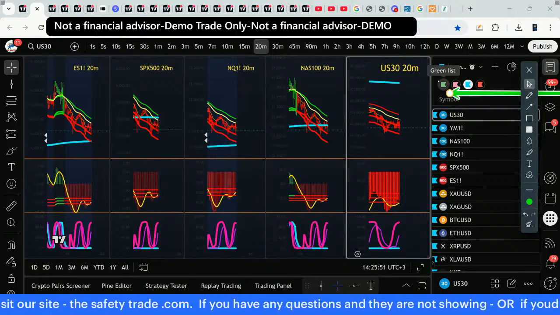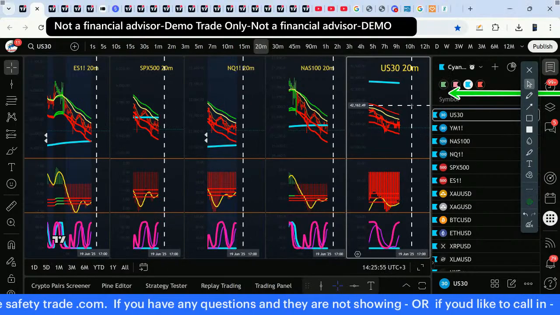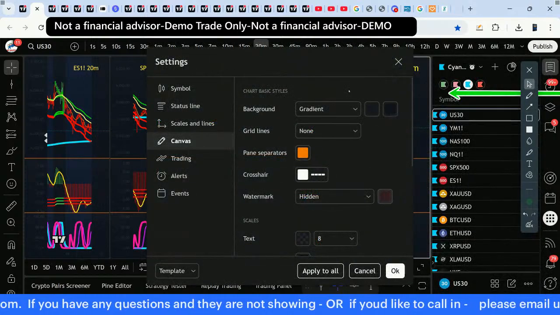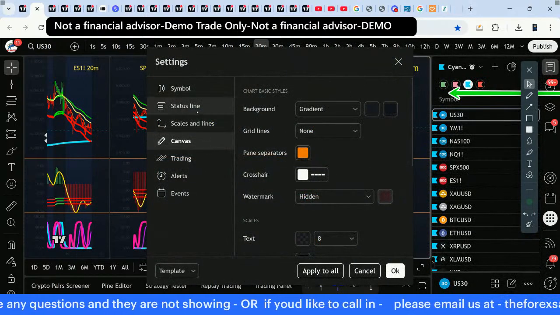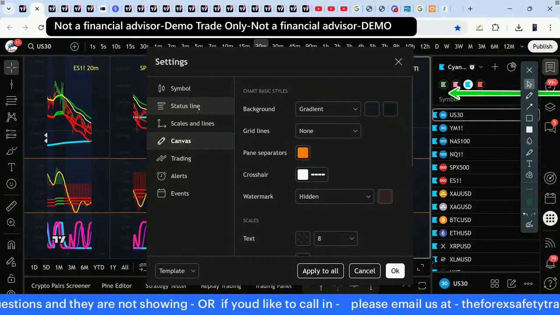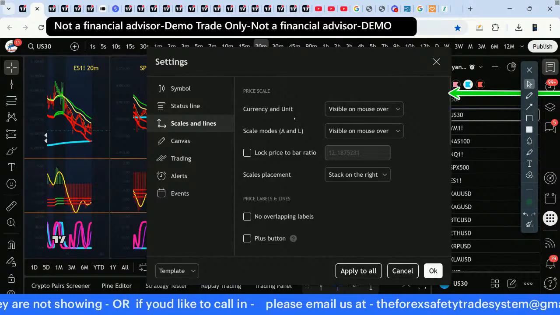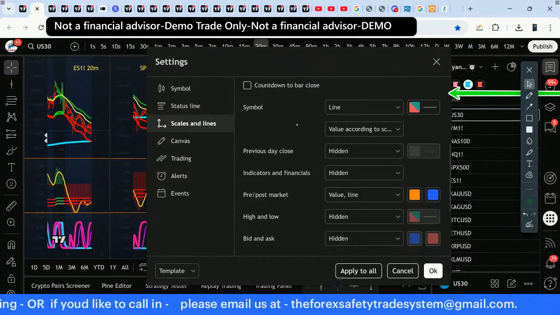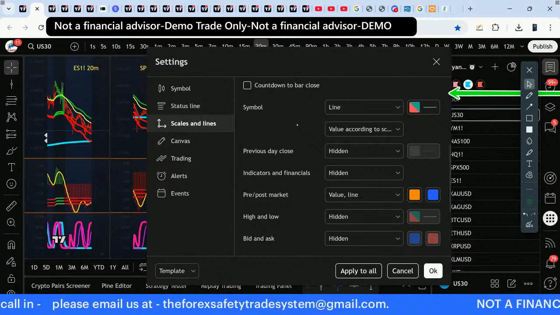Kirk Brown says, I think under scales and lines, you would adjust the symbol aspect. Okay, let's take a look. Thank you for speaking up, Kirk. Under scales and lines, you adjust the symbol aspect.